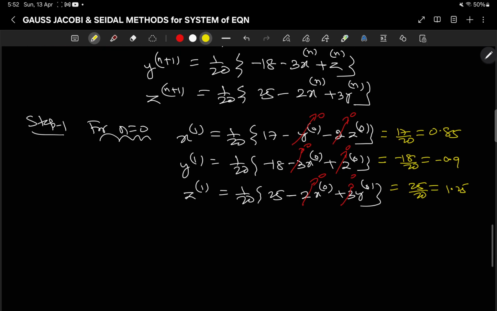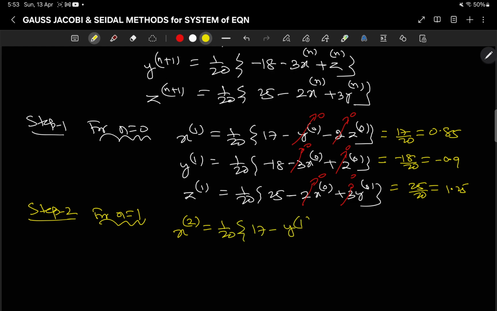Now come to step 2, for n is equal to 1. Here x at the second iteration is 1 by 20 times 17 minus y from the previous step minus z from the previous step.